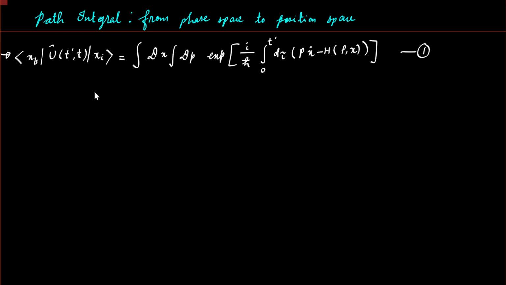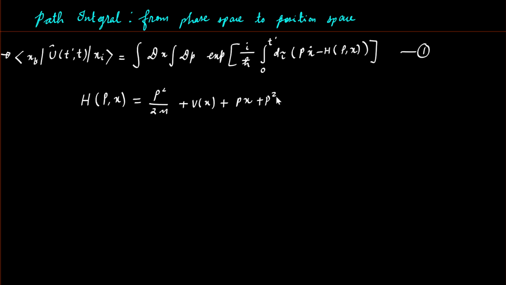The most general Hamiltonian H is a function of position and momentum, and it is equal to p square by 2m, which is the kinetic energy term, plus some potential term, plus some mixed term.